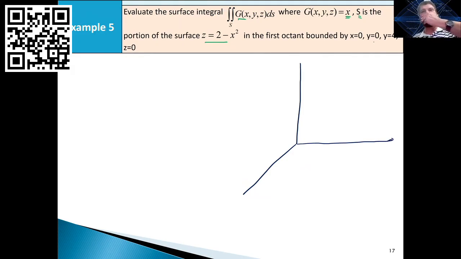All right. When I say y equal to 0, remember, y equals 0 is what? This is the xz plane. Here it is. When I say z equal to 4, you're going to go to 4 here. 1, 2, 3, and 4.